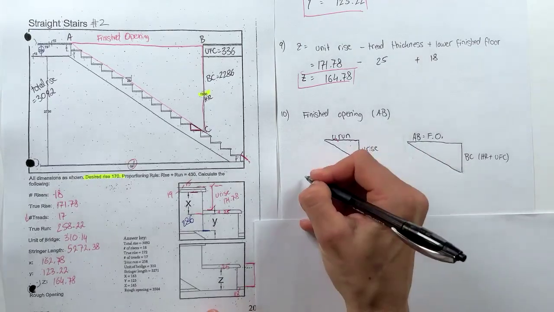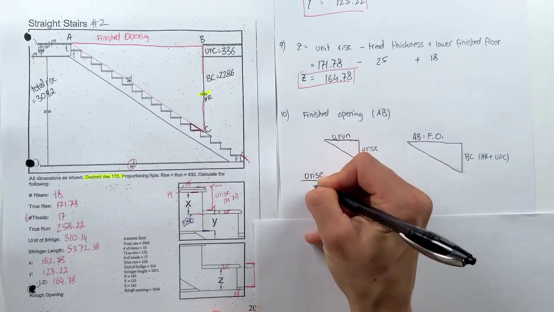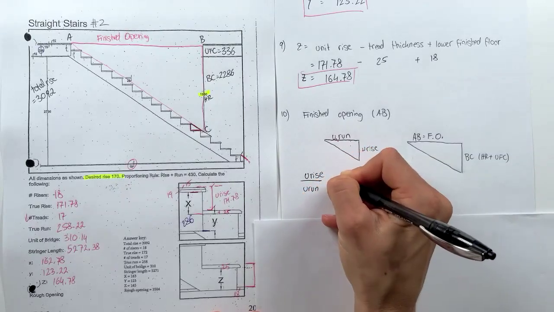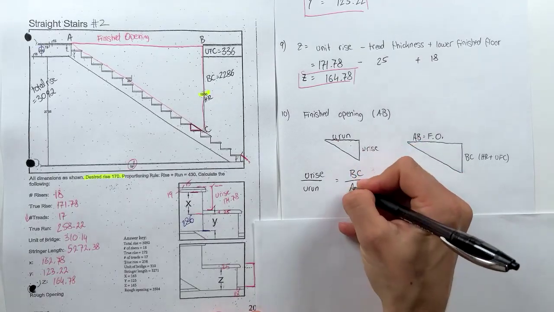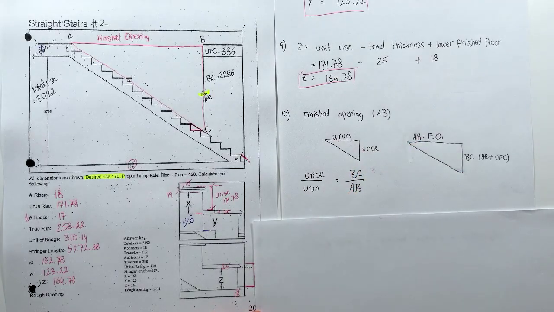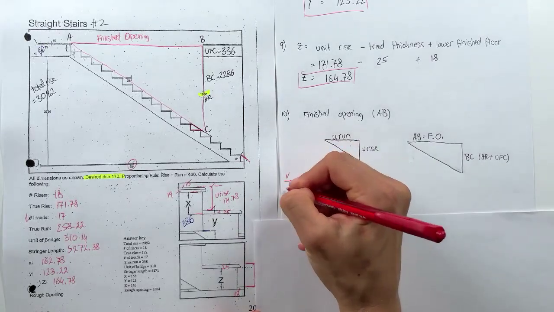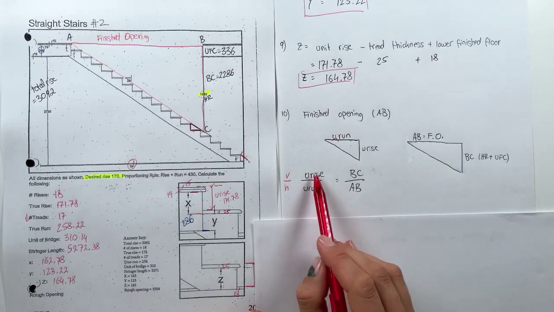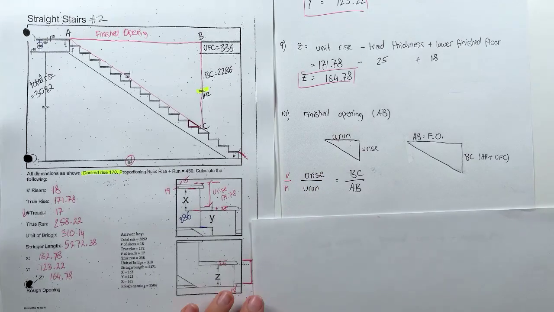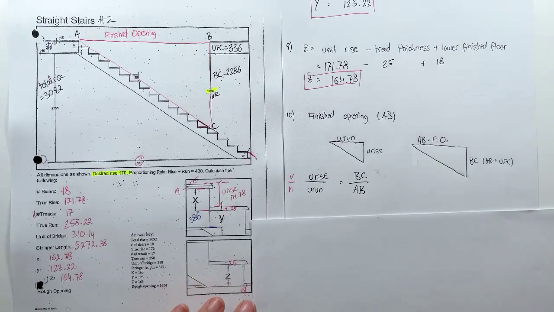So then it goes like this. It goes unit rise over unit run equals BC over AB. And you'll see that this is a vertical measurement over the horizontal measurement, a rise and a run. I always go rise over run. Same with roofs. It just keeps everything straight.